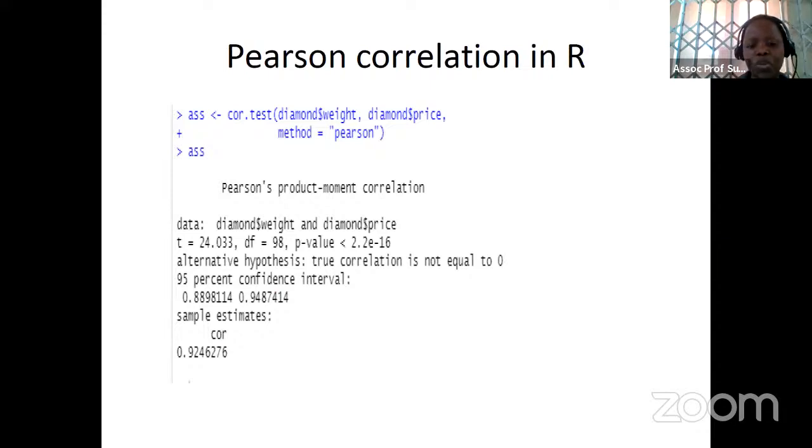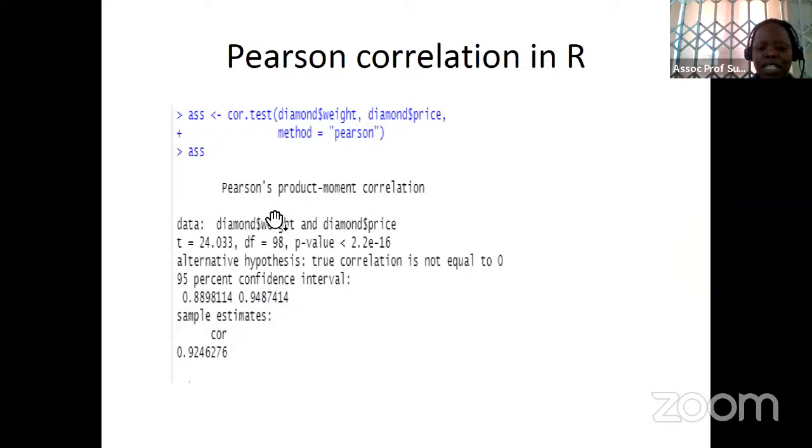Okay, so for you to obtain a correlation value in R, we said we use cor.test. Then as it is an object, we can name that command line with an object, say res, so that we get our results. Once you run that command line, you're able to get res and print it out. The printout looks like this. It has Pearson's product-moment correlation.